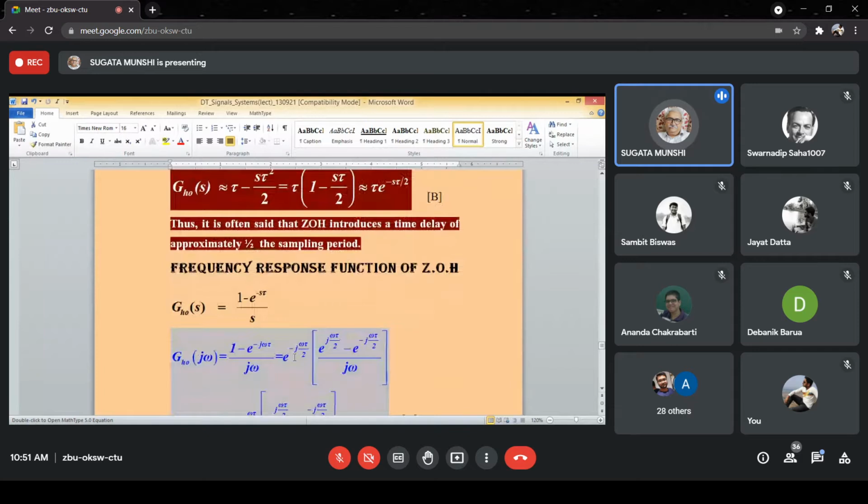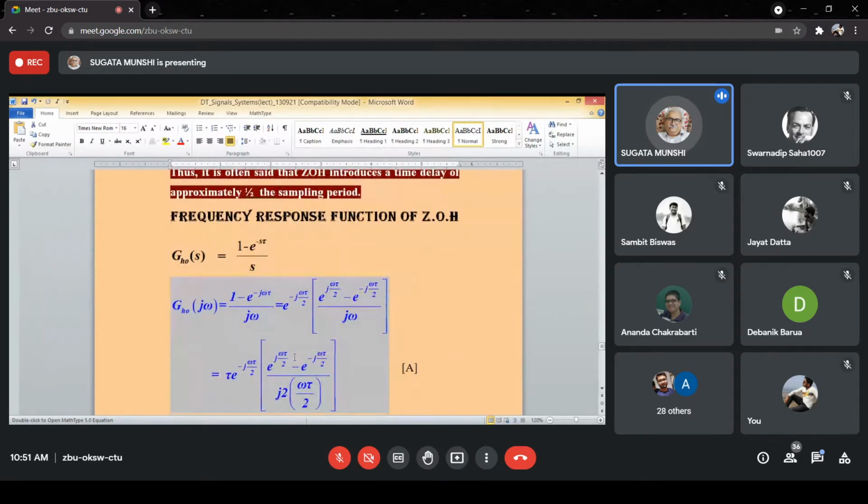Now come to the frequency response function of zero order hold. Start from the expression for the transfer function. Replace s with j omega. You get this expression: 1 minus e to the power minus j omega tau by j omega. In the numerator, if you take out e to the power minus j omega tau by 2, what remains inside the brackets?